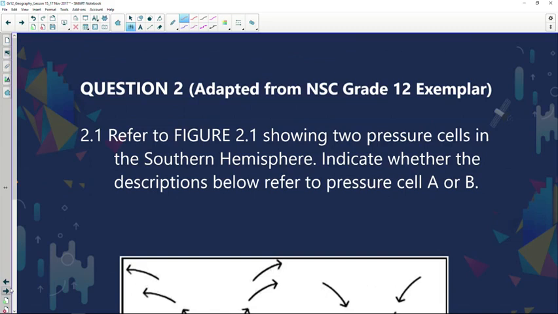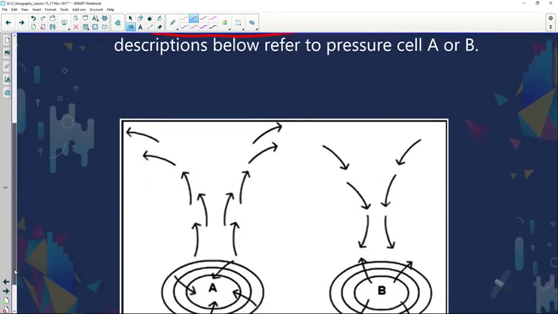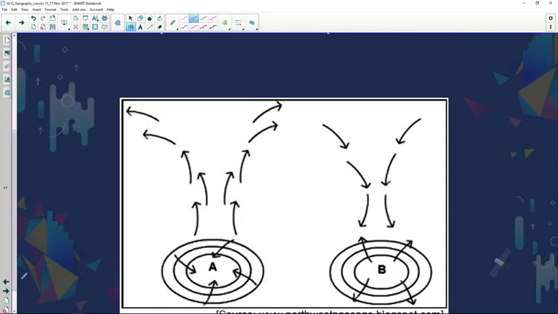Question 2.1. Refer to figure 2.1 showing 2 pressure cells in the southern hemisphere. Now there's your first tip: southern hemisphere. Indicate whether the descriptions below refer to pressure cell A or B. Let's just quickly have a look at the pressure cells. The first one over here, as you can see, is rising air.